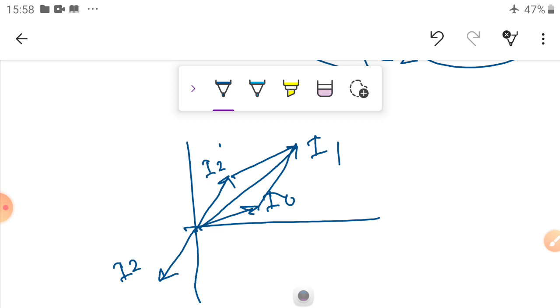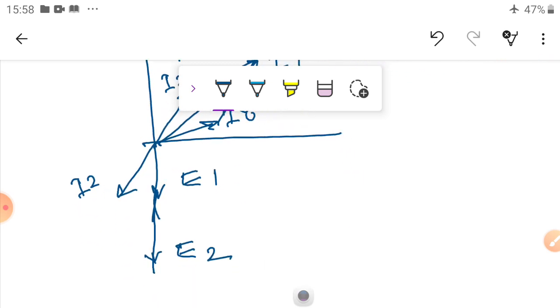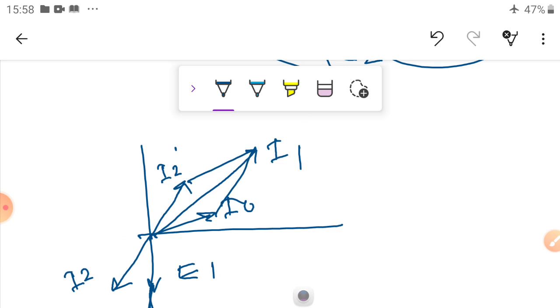Here the voltage induced is E1, and the same voltage induced in this is E2 voltage. Okay, now E1 I can write in this direction, because it is the primary side.